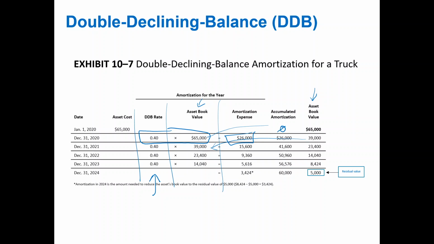As always, the opening accumulated plus the expense for the year gets you to your ending. So you do that each year. And then book value is always the cost minus your accumulated amortization. And in the same way we did in our T accounts, you figure out that final year's amortization expense as the book value minus your goal of getting to the residual value.